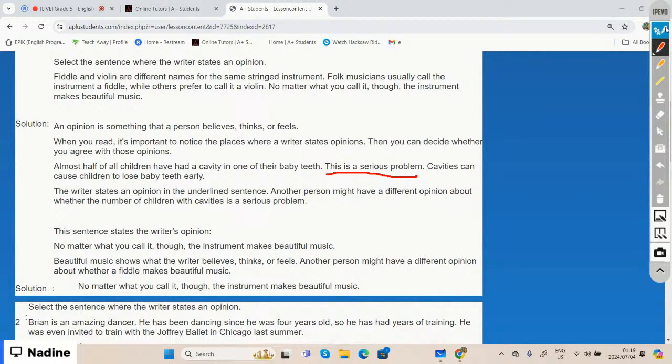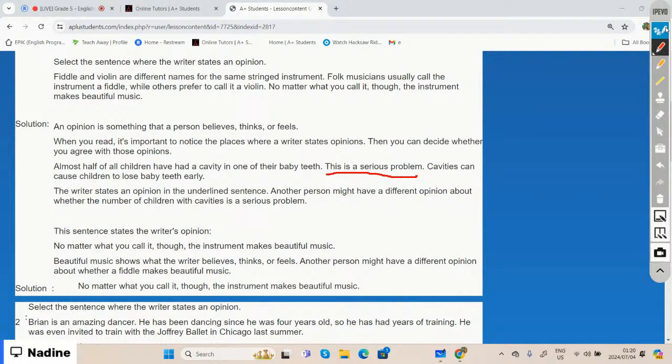Because the fact is that almost half of children had a cavity in their baby teeth, and cavities can cause children to lose baby teeth early. That is facts. But the opinion of the writer is that this is a serious problem. So now you need to decide as a reader, is it actually serious or not, right? Because when a writer states an opinion, you can then decide.